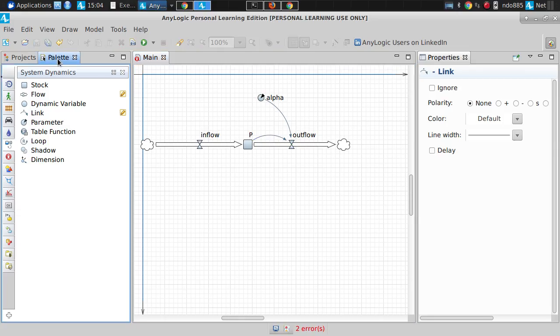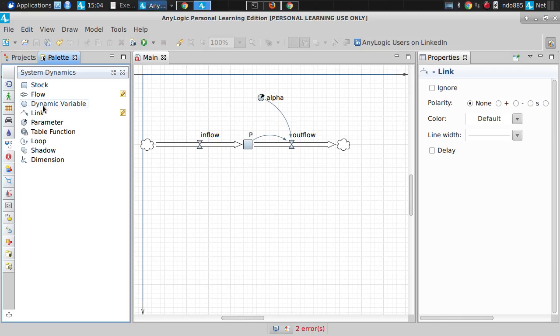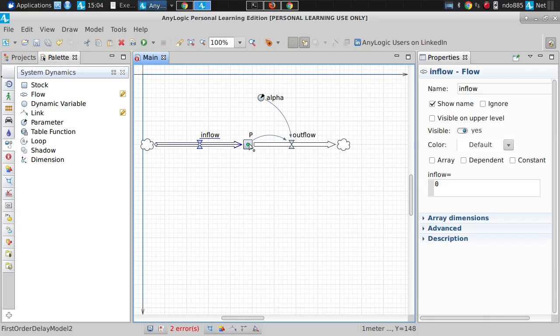Now, I went through that pretty quick. Whence did I go? Whither did I go? I went, ladies and gentlemen, to this element of the palette here, system dynamics, okay? And then I dragged in the stock, and then I dragged in the flows such that they were positioned so that their tips turned green, okay?